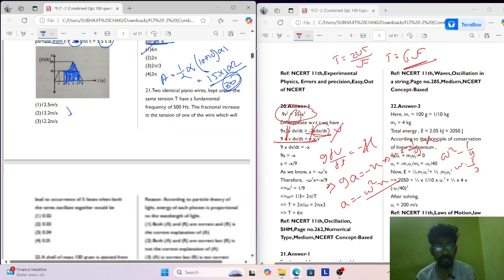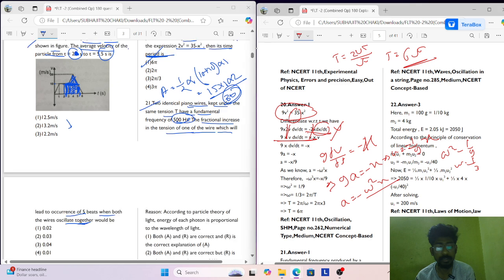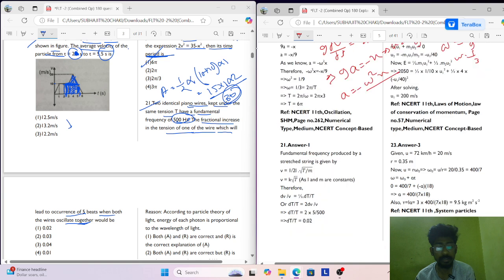The identical piano wires kept under the same tension T having a fundamental frequency. The fractional increase in the tension of the wire, which will lead to occurrence of 5 beats when both the wires oscillate together, will be. The formula of this: v equals 1 by 2L root over T by mu, where mu equals M by L, mass per unit length. The frequency is given as 500 hertz.